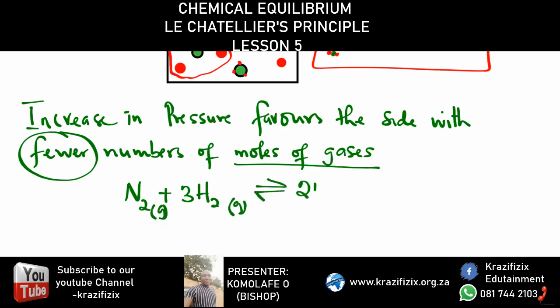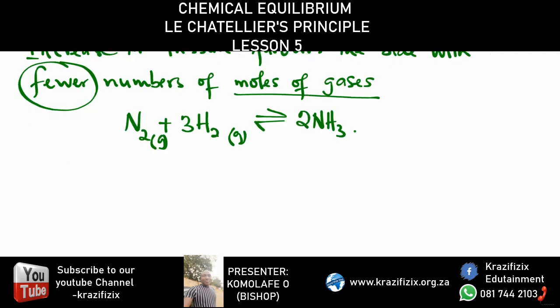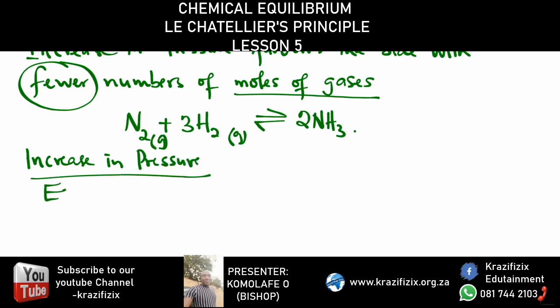All right. So if I increase pressure, which side will be favored? Okay, I want us to answer this question now. Increase in pressure for this particular one, what happens? Equilibrium here shifts to the right.